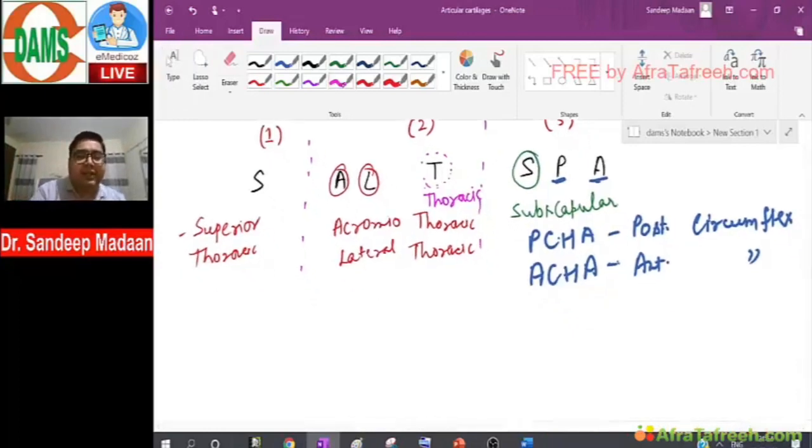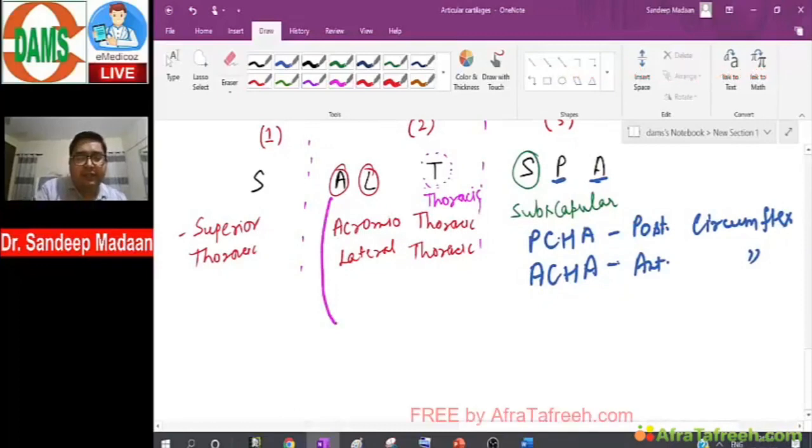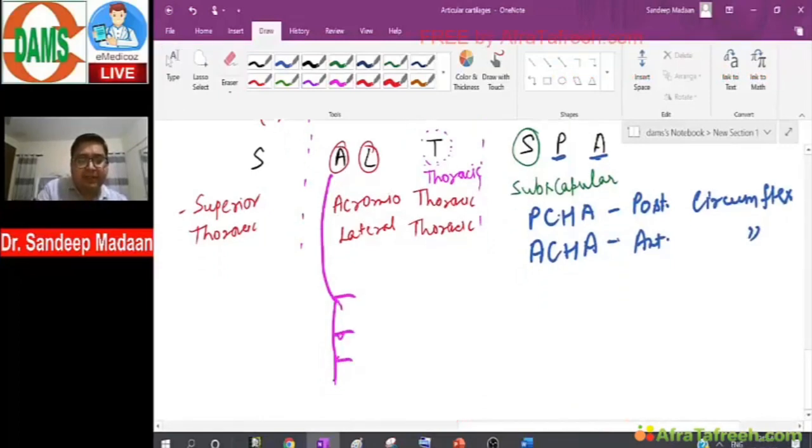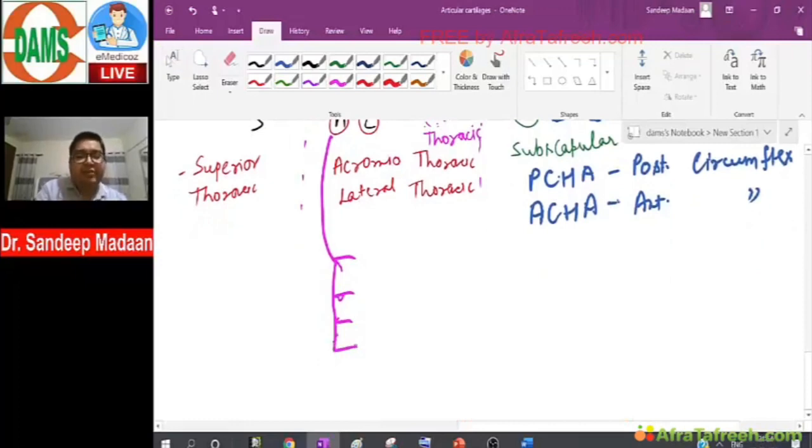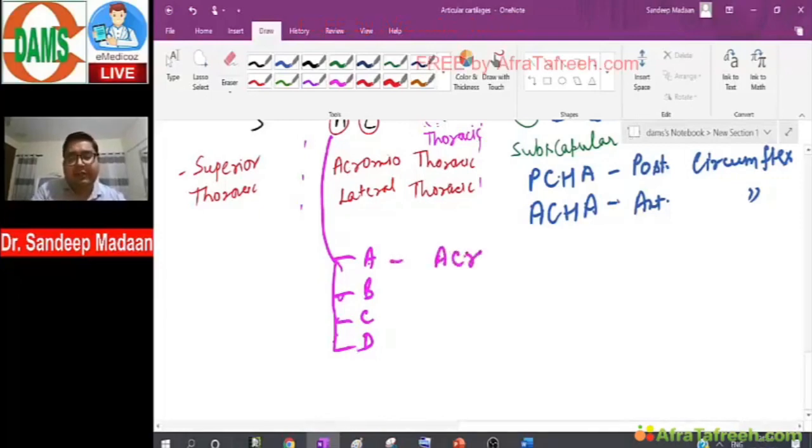All right. Now you see this is the acromiothoracic artery. The acromiothoracic artery gives further branches. It gives A, B, C, D branches. What are the A, B, C, D branches? A is the acromial branch.